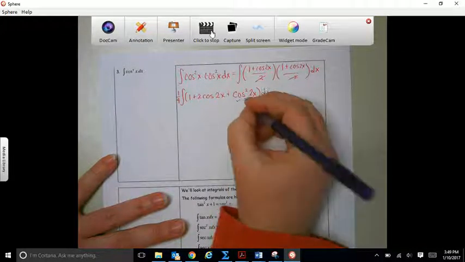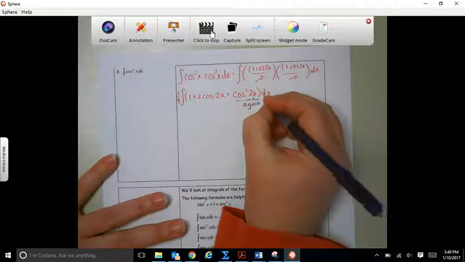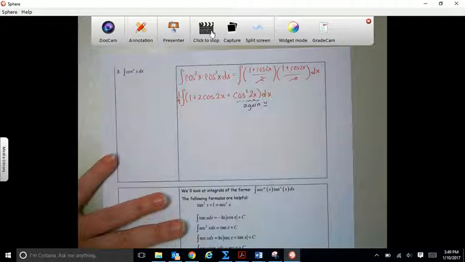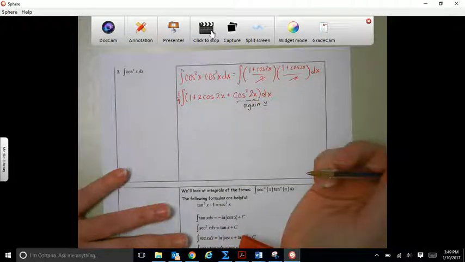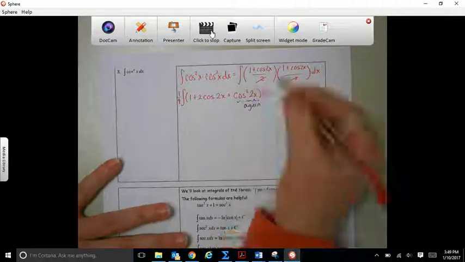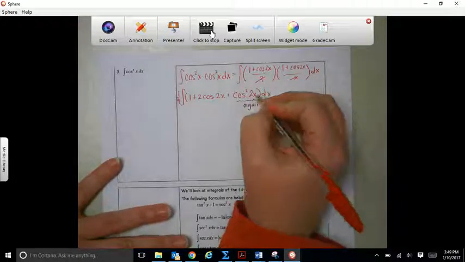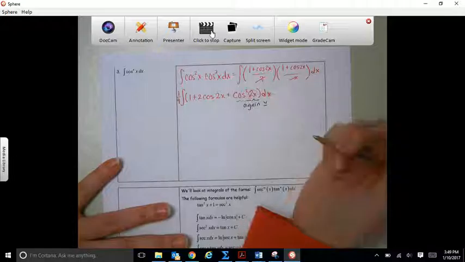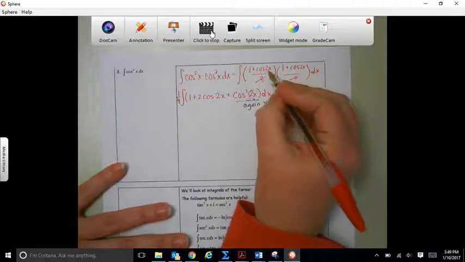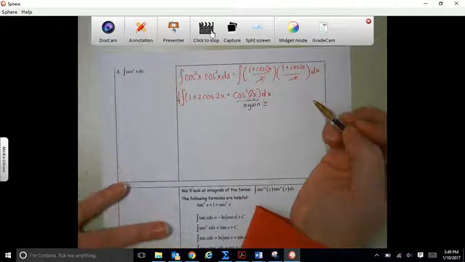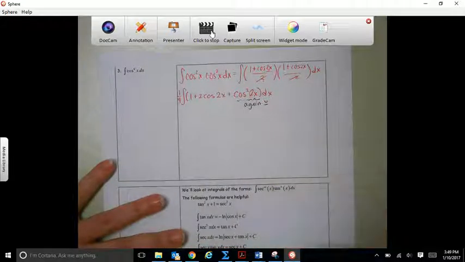And then again, we have a squared. So I'm going to have to use the formula that we did up here again, but be careful because now your inside is already a 2x. So when we double it, like we did on that last one, it's going to be a little bit different. So can you go ahead and do that step?